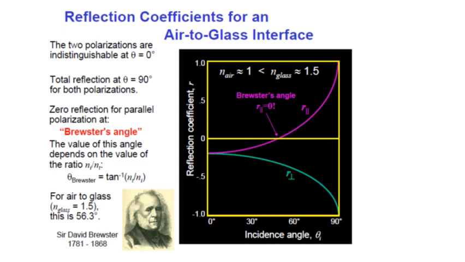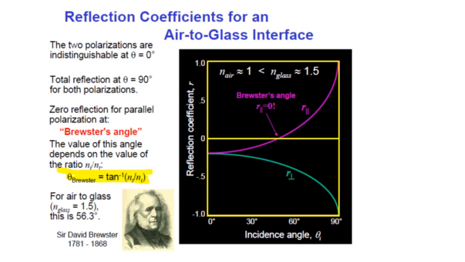The value of this angle depends on the ratio n_i over n_t, and this is called the Brewster angle, which was given by Brewster. We always discuss this Brewster angle because in that case there is zero reflection for parallel polarization, only perpendicular will be observed, no parallel.